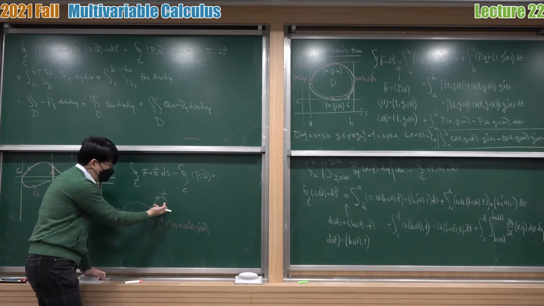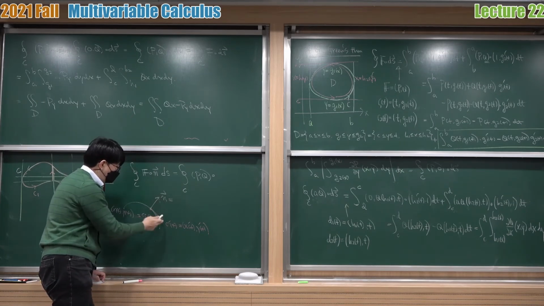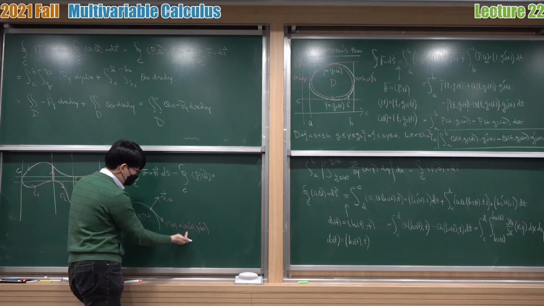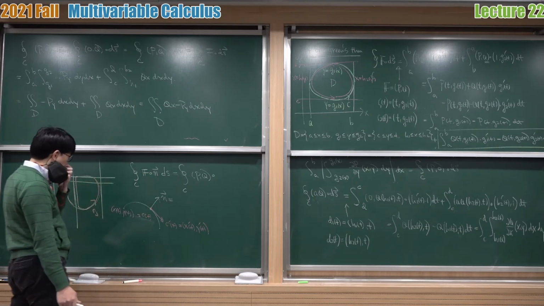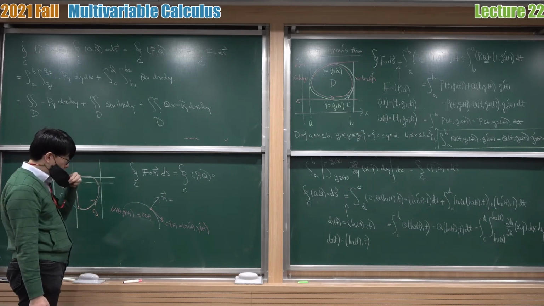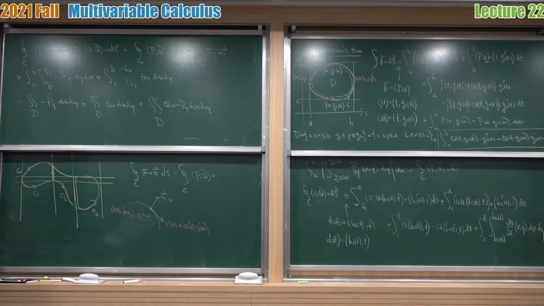In order to have a normal direction as a unit vector, I have to find the vector that is orthogonal to that. And I want a direction that is outward, sorry, not counterclockwise.